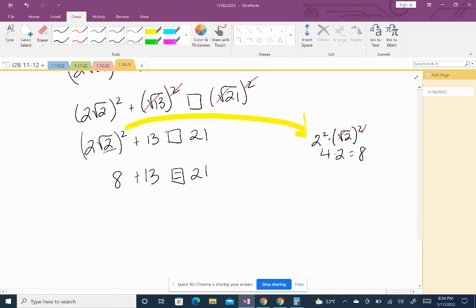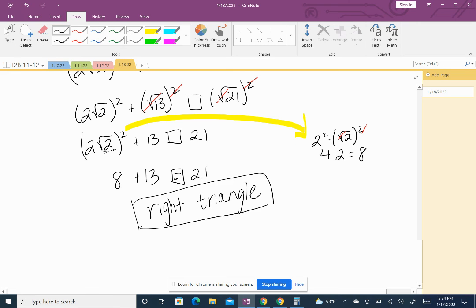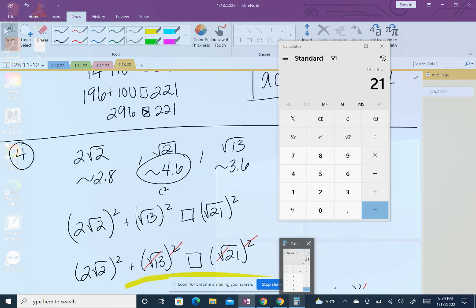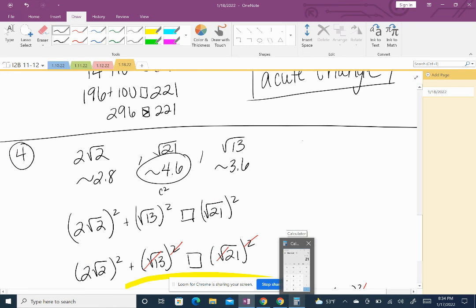So, oh, you know what? It is correct. It is a right triangle, but I forgot to check that these added up. So we'll do that real quick. I know 4.6 plus 3.6, 4.6 plus 2.8, and 2.8 plus 3.6.